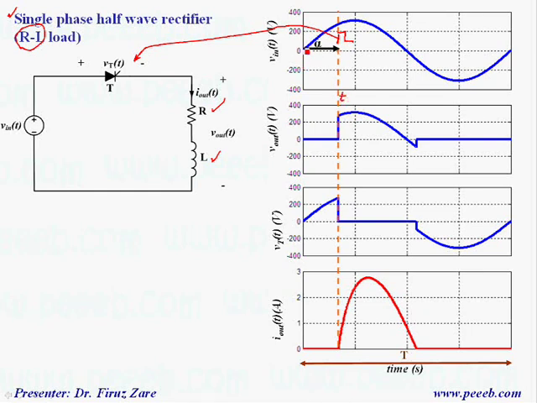Starting from zero crossing, that means the current through the circuit is 0, this thyristor is off. So over this time, thyristor is off. And now we apply the gate signal at this time. Because the input voltage is positive for the first half cycle, we have positive voltage across the thyristor. So if we apply a gate signal, we can turn it on.